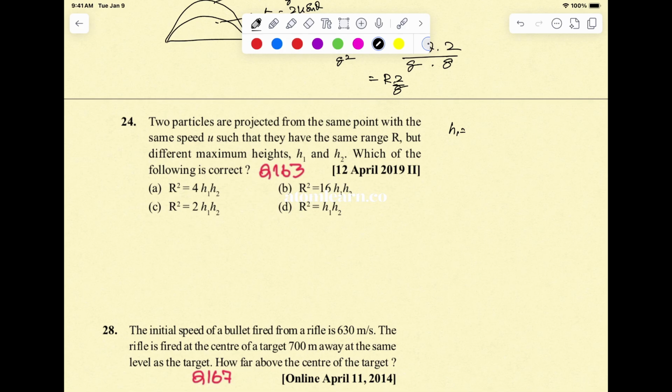Therefore, H1 is R by 4 tan theta, H2 is R by 4 cot theta. Therefore, the product H1 H2 is R squared by 16, so R equal to 4 root H1 H2. Which one is correct? Therefore, R squared equal to 16 H1 H2 is correct.